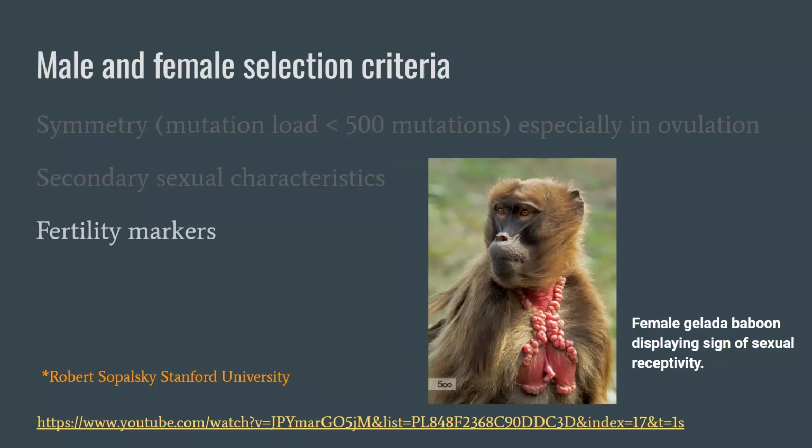Here's a case of a female Gelada baboon, and she's got a display. And when she's ready to have sex and procreate, it turns bright red. So the color red is very important for these baboons because it says, okay, it's time to get it on, right? It's a big signal. And humans have fertility markers too, and I'll point some of them out in a little bit.